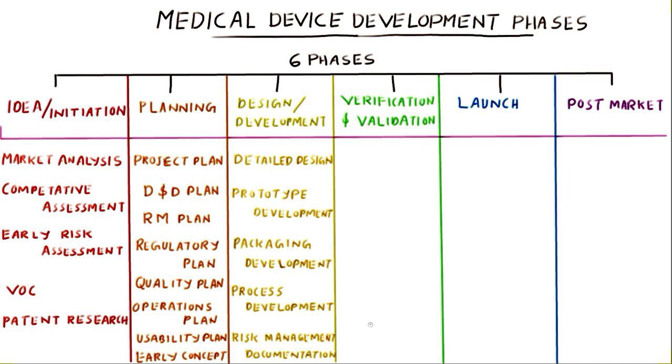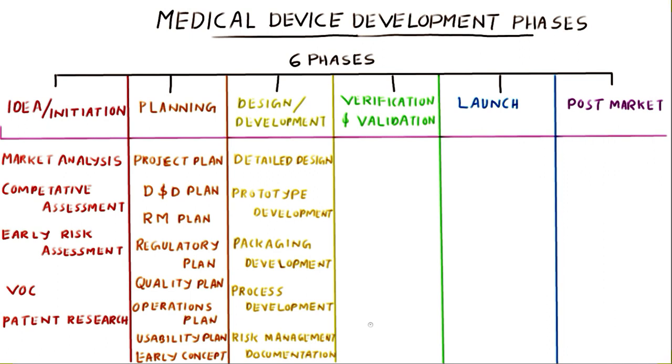Now phase four, verification and validation. The verification and validation activities focus on ensuring the designed product is as per the design input and meets all the user requirements. Also, some clinical studies will be done to ensure the safety of the product.